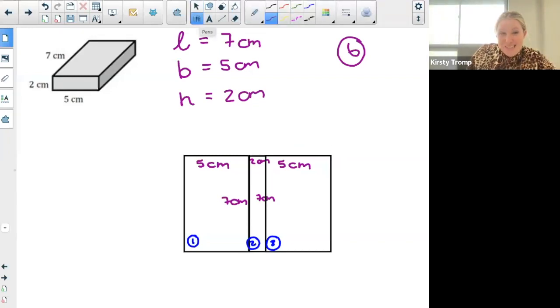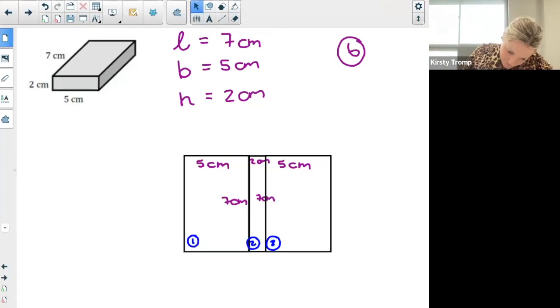We know that that's already 7 centimeters. I'm not going to draw it in again. So far, I've done side 1, side 2, and side 3. And now I need to do side 4.